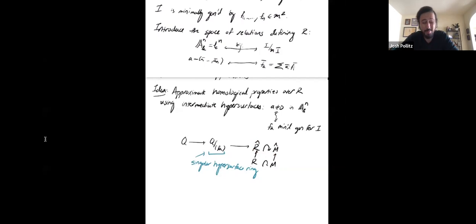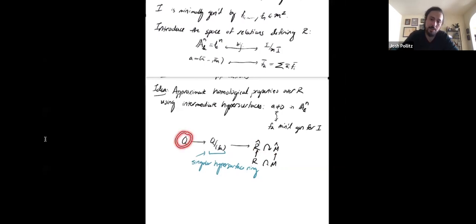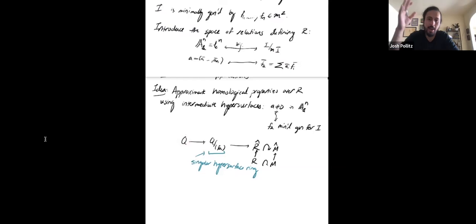But if I'm interested in maybe asymptotic information, if I restrict back all the way to Q, which is a regular ring, you've lost all the asymptotic information. So that's too far to restrict back. But if you go just one step, to these intermediate hypersurfaces, there's still a lot of interesting, rich information here. And they're relatively well understood, the homological algebra over these hypersurface rings.